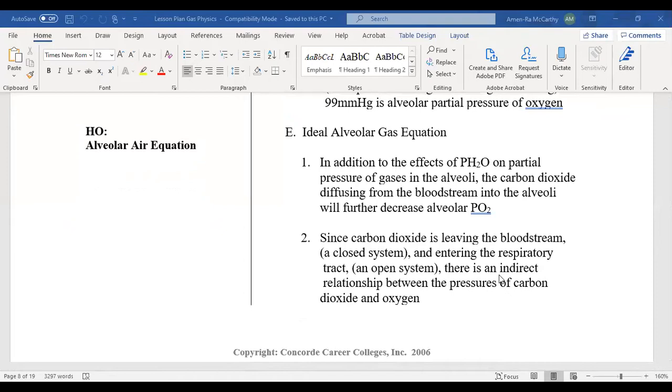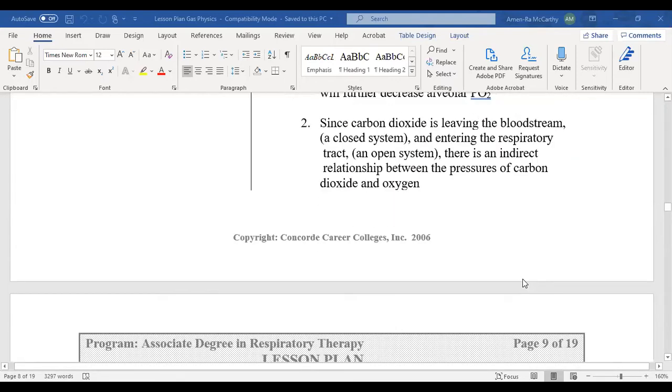So since carbon dioxide is leaving the bloodstream in a closed system and entering into the respiratory tract, which is an open system, there is an indirect relationship between the pressure of carbon dioxide and oxygen. It's just saying a whole lot to say what we already said, guys. So when that CO2 makes it from the blood into the open system of the alveoli, it's going to be exhaled, okay? It's on its way back out to the air.